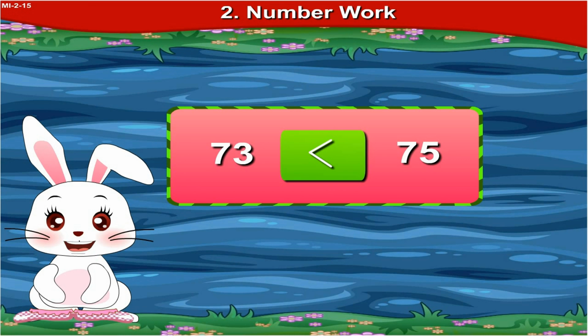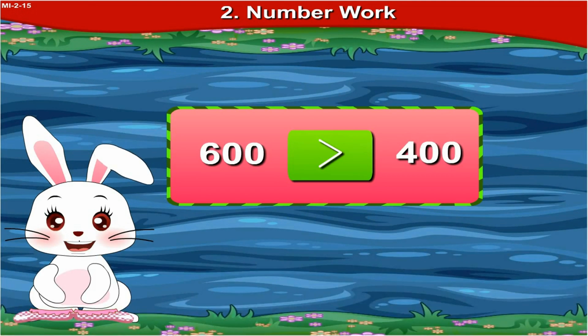So we'll put a symbol of smaller facing 73, showing 73 is lesser than 75. 600, box, 400. 600 is bigger than 400. So we'll put a symbol of bigger or greater facing towards 600, showing 600 is greater than 400.